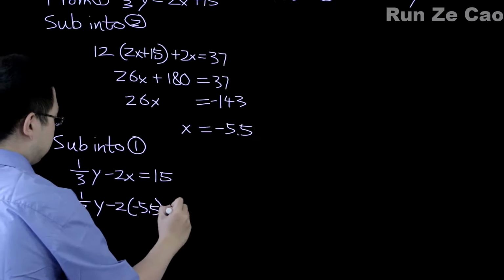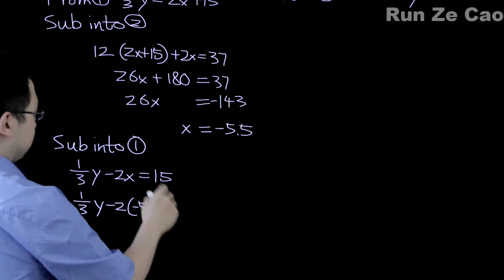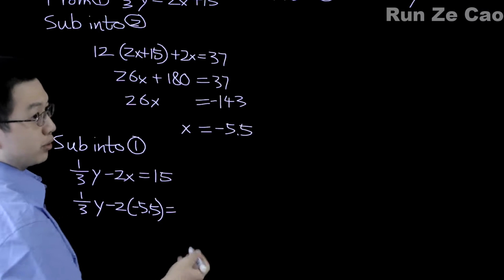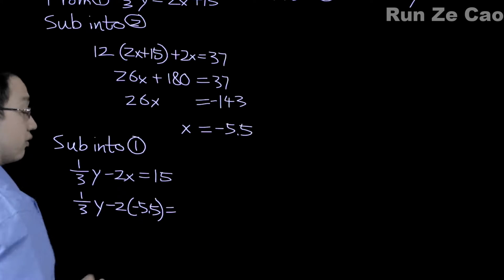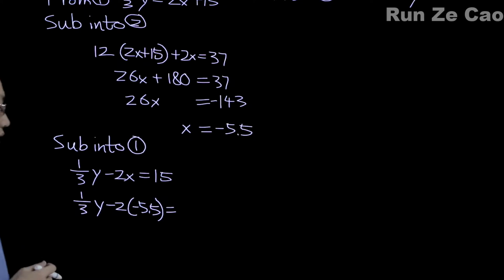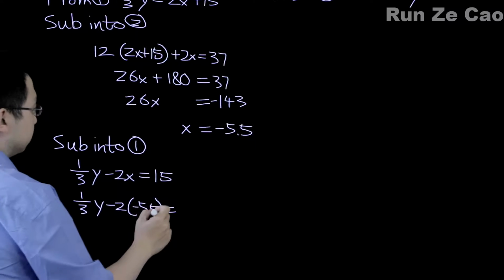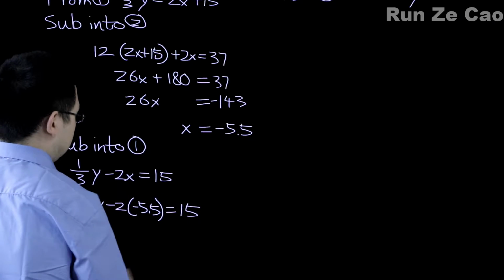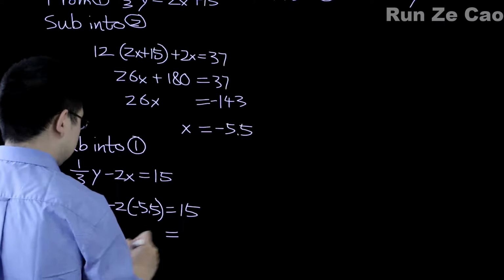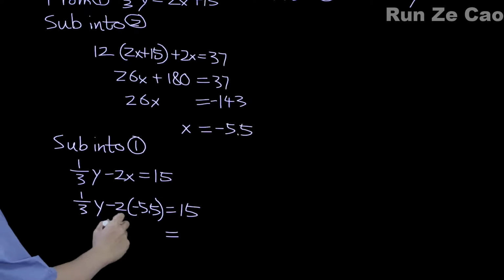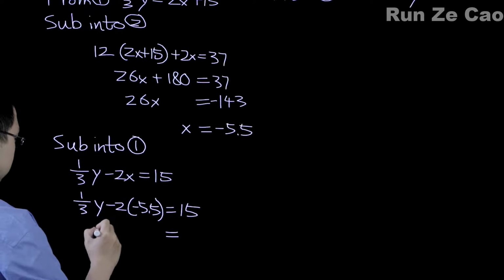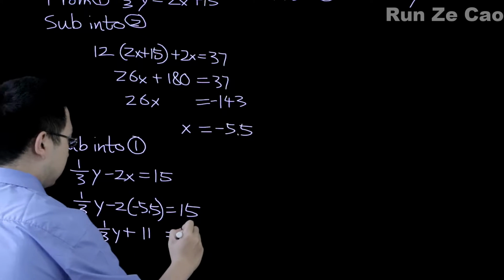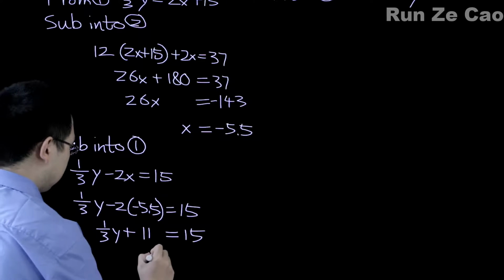As you can see, when substituting, it's sometimes kind of hard to keep your equal signs all in one place. Hence why previously we would write equal signs first. This demonstrates some of the difficulty. So equals, well, 15, and we can choose to write 1/3 y plus 11 equals 15.